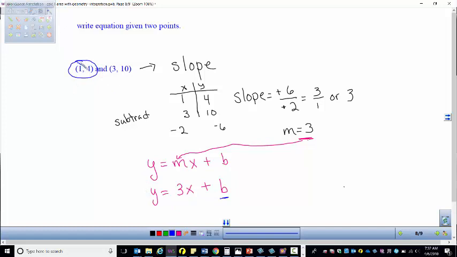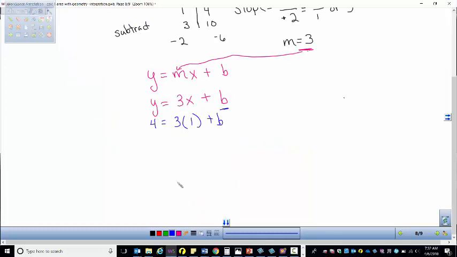And this is my x, and this is my y. So in for y, I'm going to put 4 equals 3 times x is 1 plus b. So 4 equals 3 times 1 is 3 plus b.